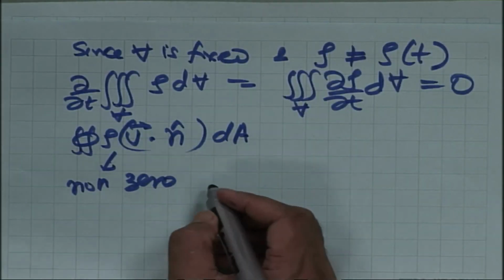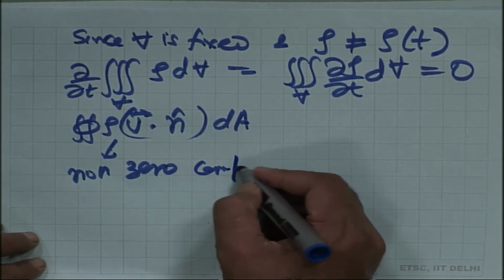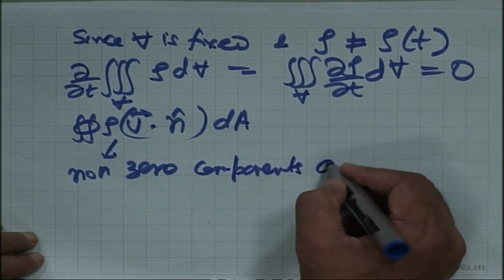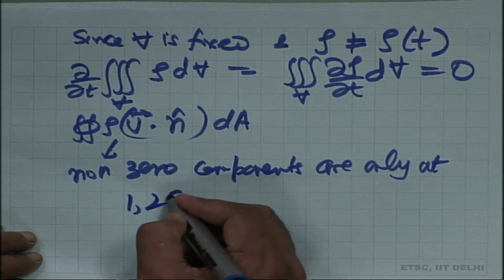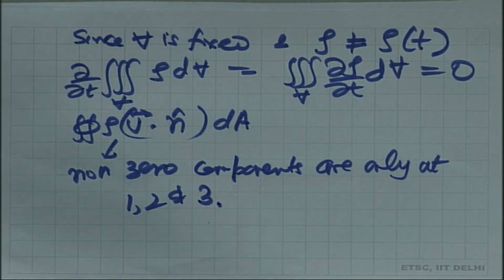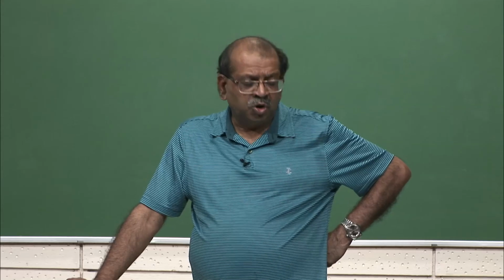What we find is that the non-zero components are only at 1, 2 and 3. Everywhere else fluid is in touch with solid surface, so no flow crosses.